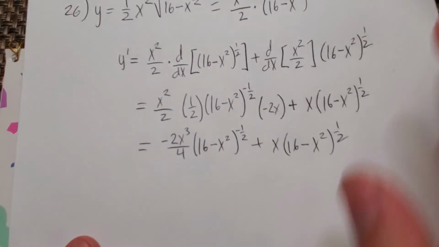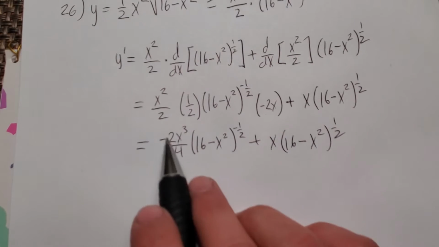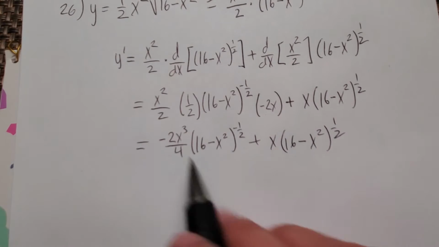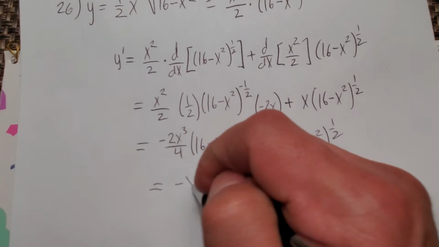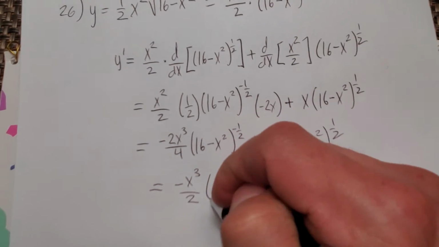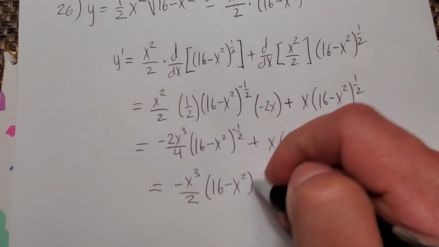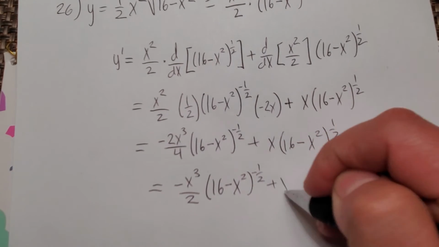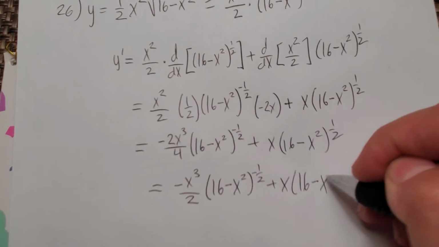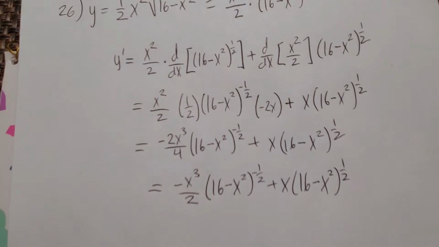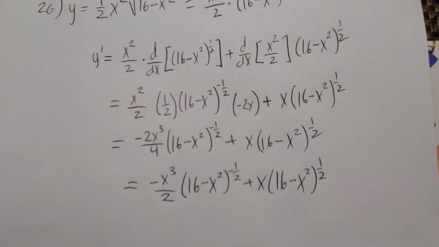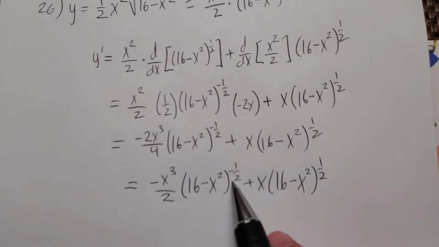Okay, now let's reduce this. Negative 2/4 reduces to negative x cubed over 2, times 16 minus x squared to the negative 1/2, plus x times 16 minus x squared to the 1/2. Now what I want to do next is simplify this, mainly by getting rid of this negative exponent here.